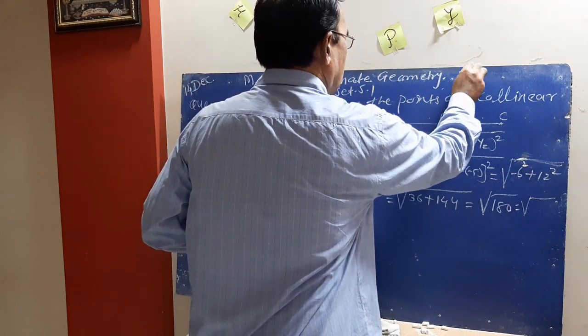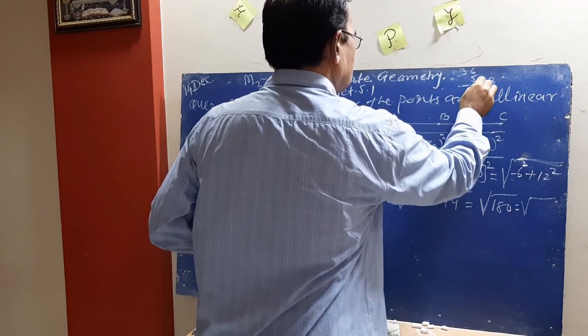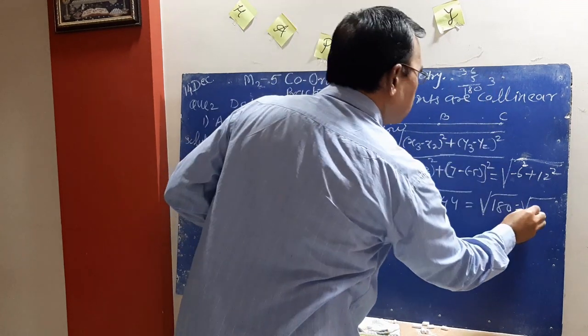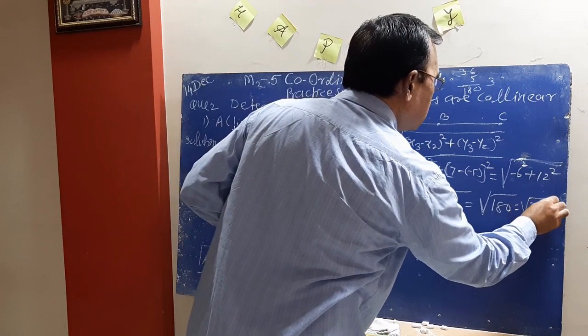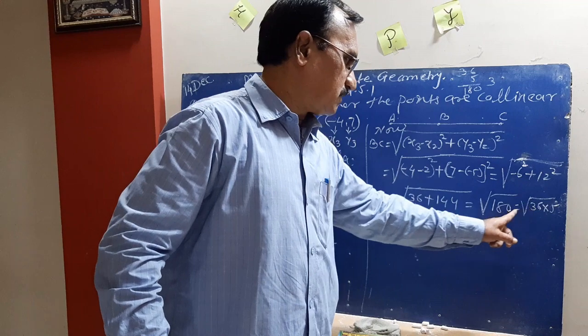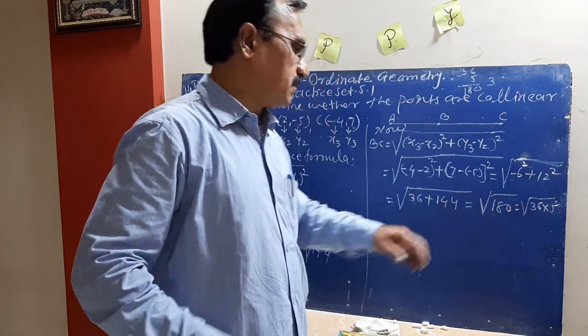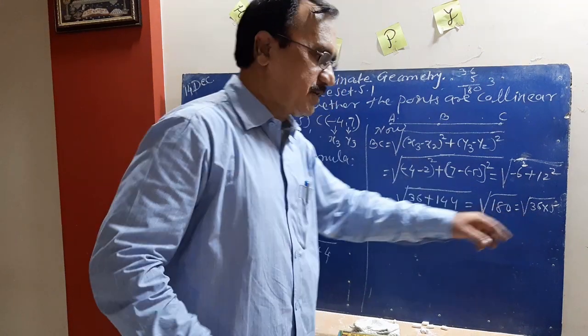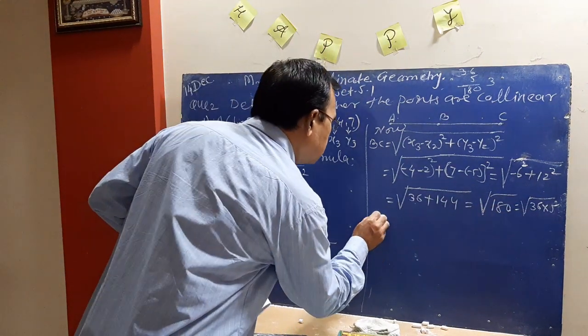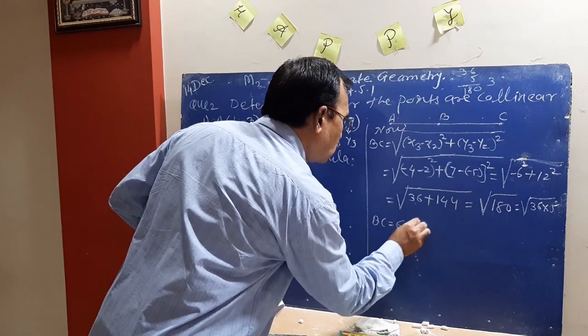See here, by trial and error method, 36 into 5: 5 times 6 is 30, carry 3, 5 times 3 is 15 plus 3 is 18. And here 36 is a perfect square number, and therefore BC is equal to 6 root 5.